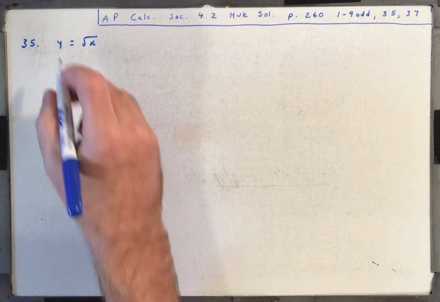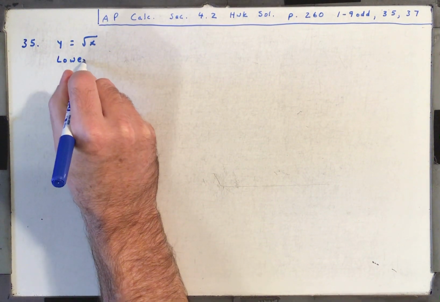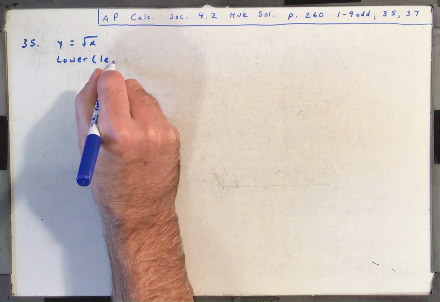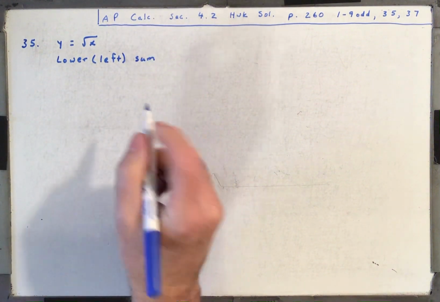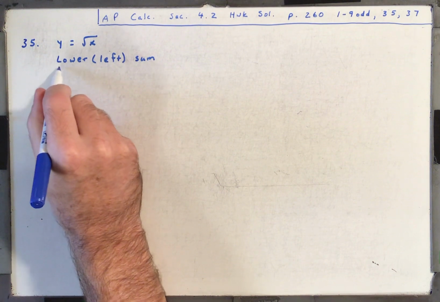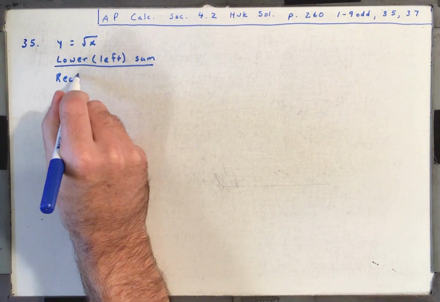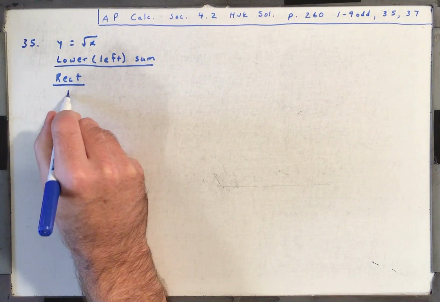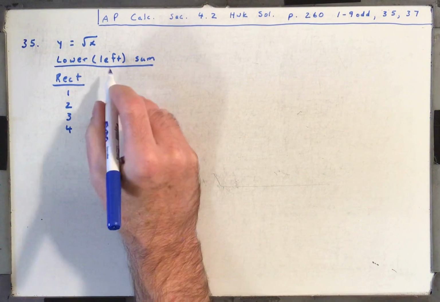So let's just make a chart. Let's call this the lower or left sum. So I like to just do it like this. Our rectangle, we've got 4 of those, so we have 1, 2, 3, 4.